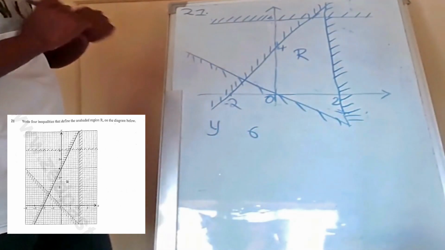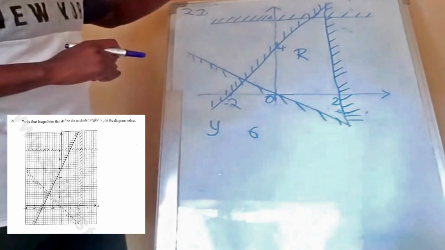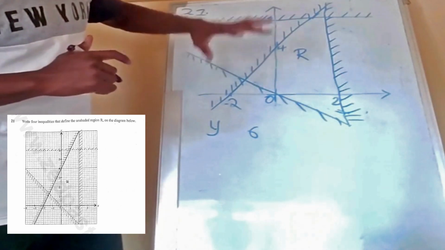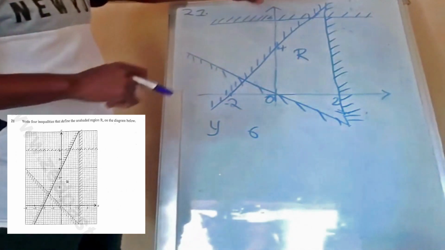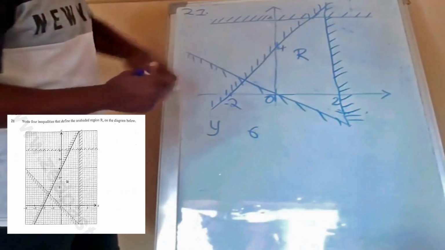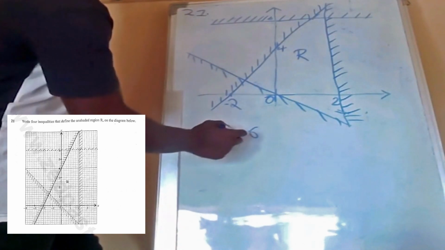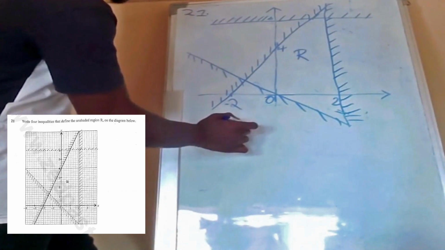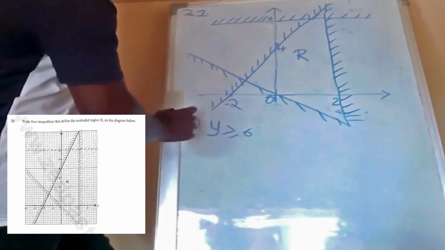So now we look at the wanted and unwanted region. Which region are we interested in? Is it the one below y equals 6, or is it the one above y equals 6? So we're interested in the one down there. So what we really want is y is less than or equal to 6. That is what we're interested in. This is our first one.